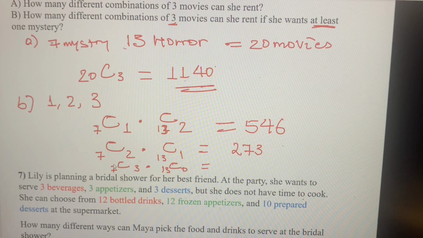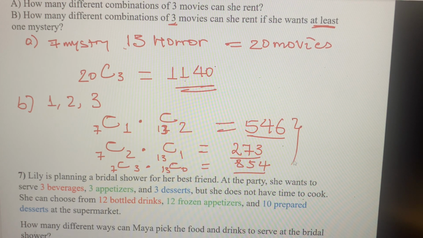If I calculate 7 combination 3 and 13 combination 0, it's going to give me 854 combinations. So look, the first one 546, 273, and then 854.